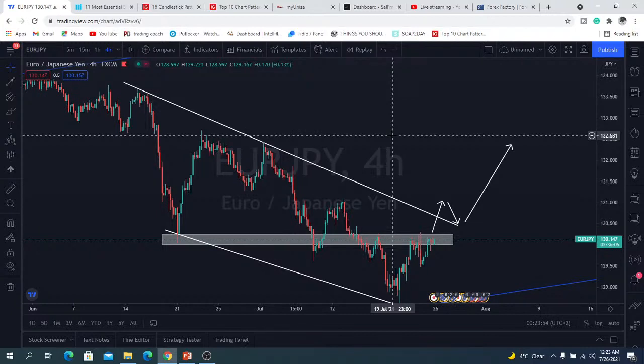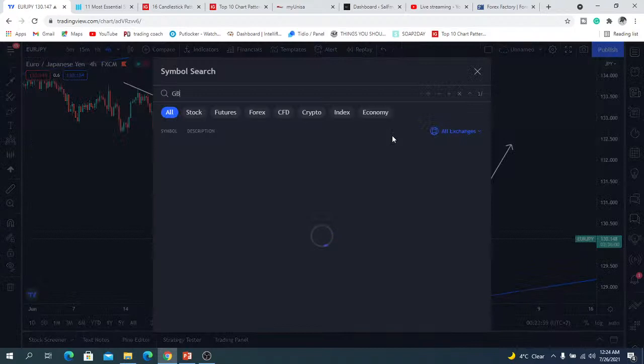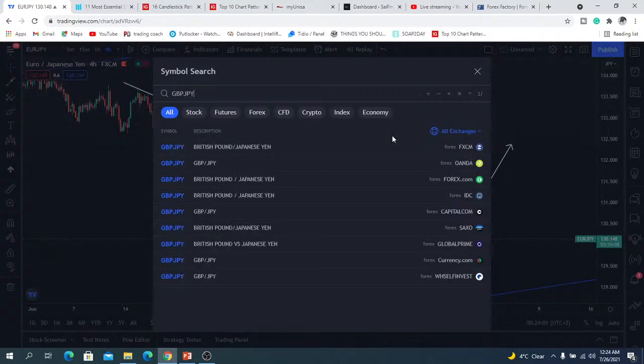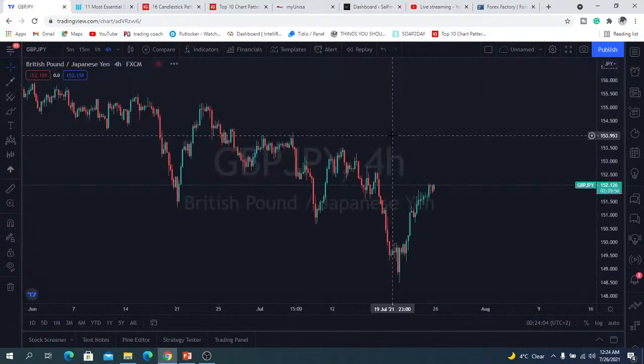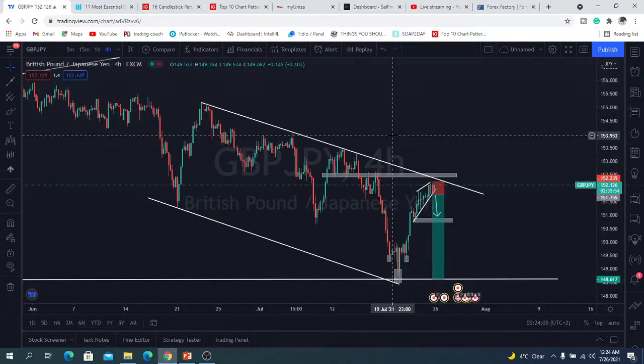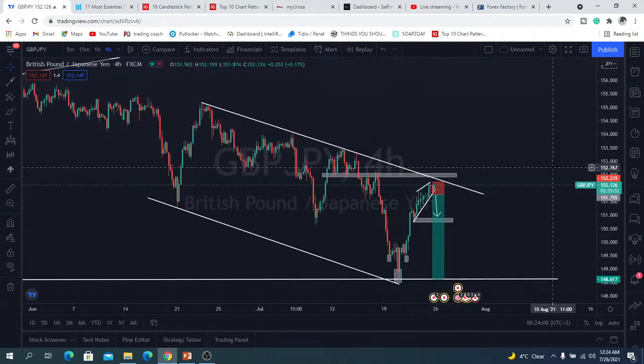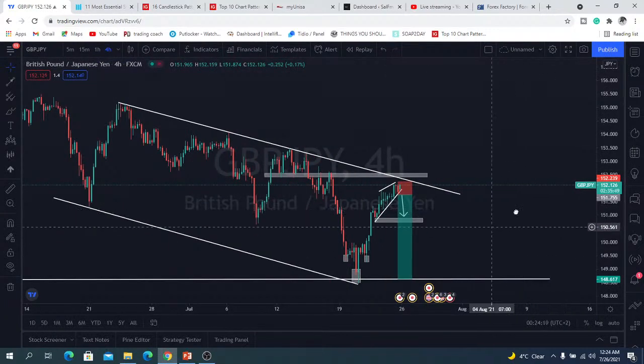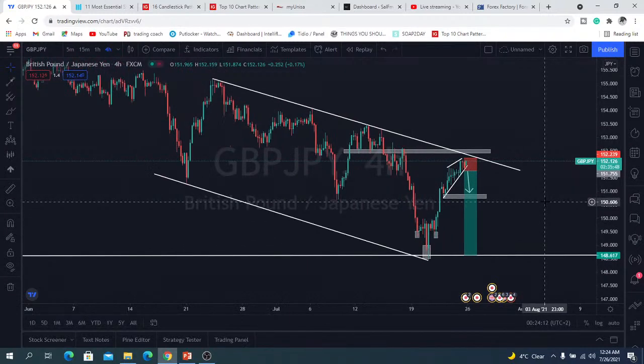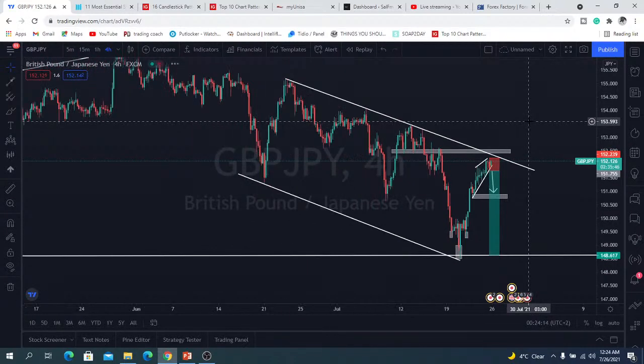GBP JPY. Okay, let's look at GBP JPY. I've been doing the analysis during the day here.